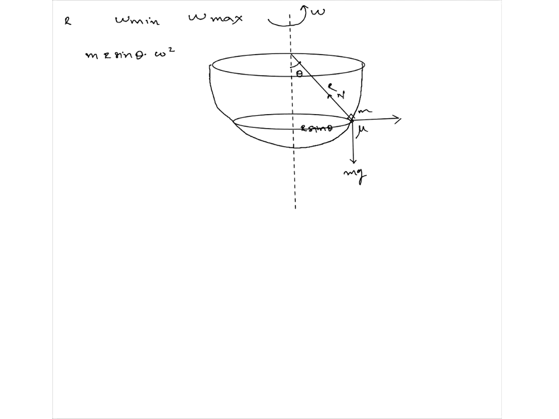When we are discussing omega max case, there is a tendency to go up. Friction will help in not letting that happen. That means friction should be acting in this direction, in this case of omega max. So let me write here omega max case, because direction of friction can change otherwise.